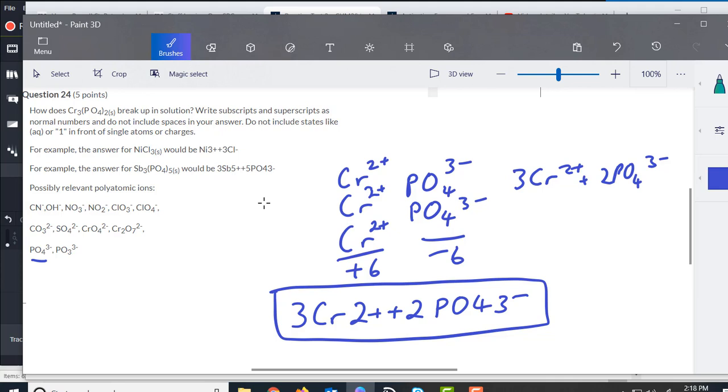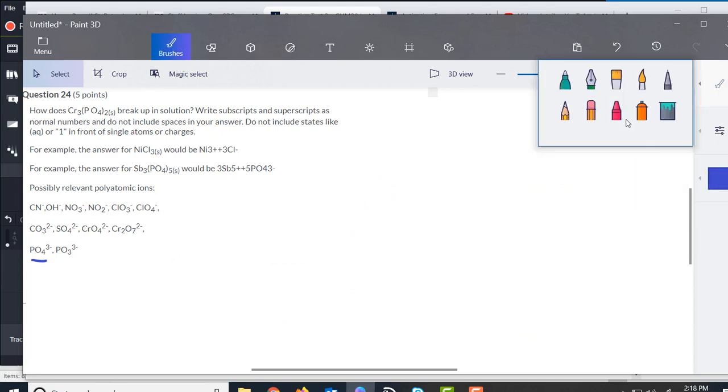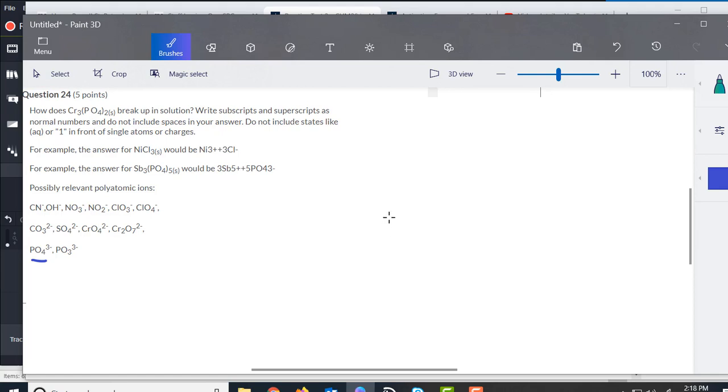Now we'll do another example here. Let me get rid of what's on the screen here. And we'll do another example. This would be CrF2. So that would be Cr, F, and F. That's negative, that's negative.